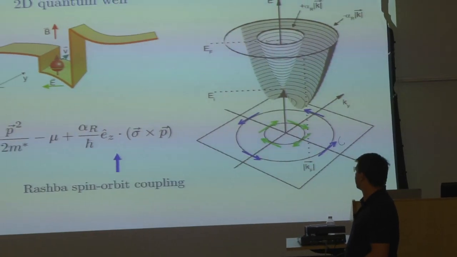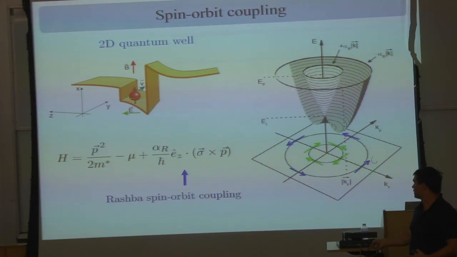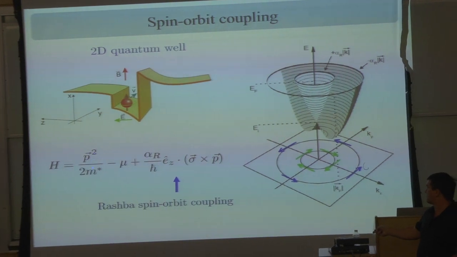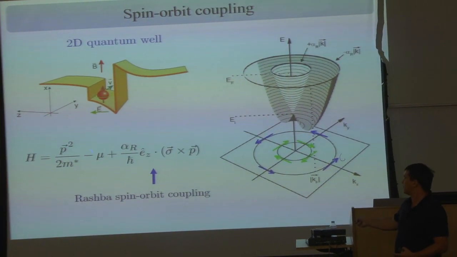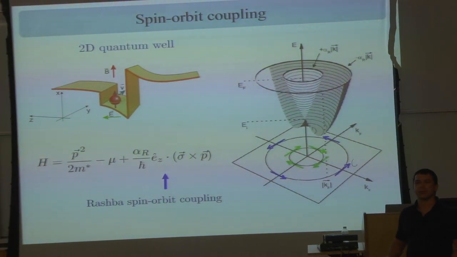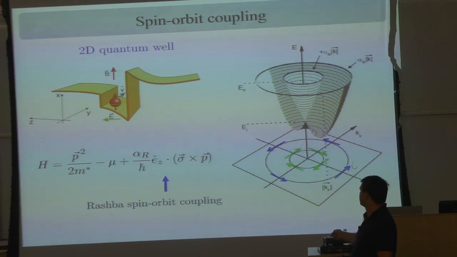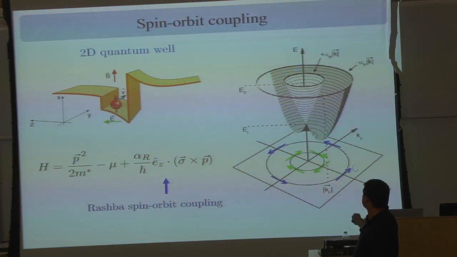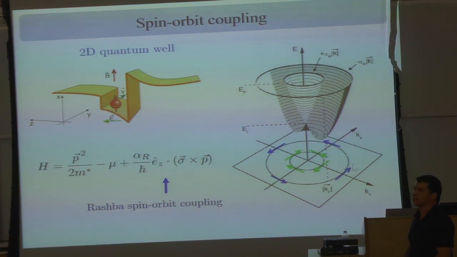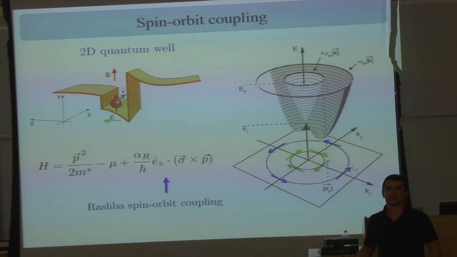So if you just consider a typical dispersion of such a Hamiltonian, which has p squared over 2m, just a conventional expansion around the bottom of the band, and then you add this Rashba term, this is basically the dispersion that you will find. And the idea is that one finds two Fermi surfaces.